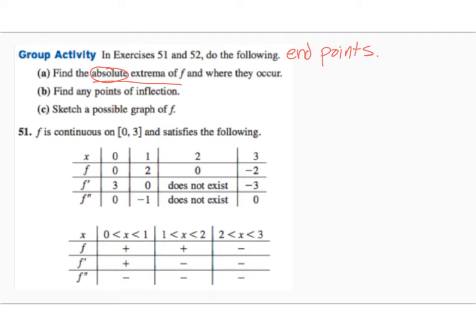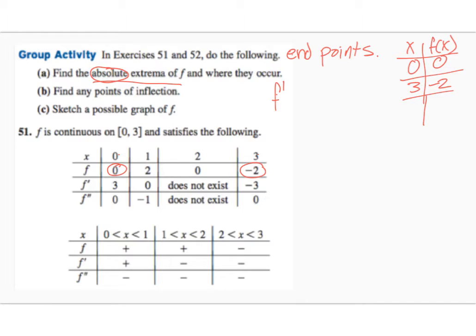we're told that f of 0 is 0, f of 3 is -2. So at a minimum, we've got (0, 0) and (3, -2). Okay, now let's find some other things. So the first thing we have to identify are some critical values.